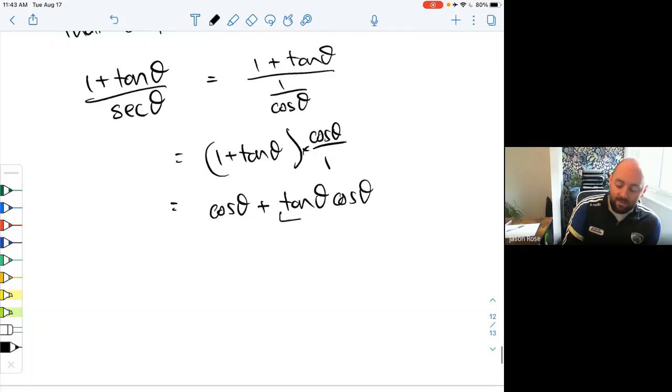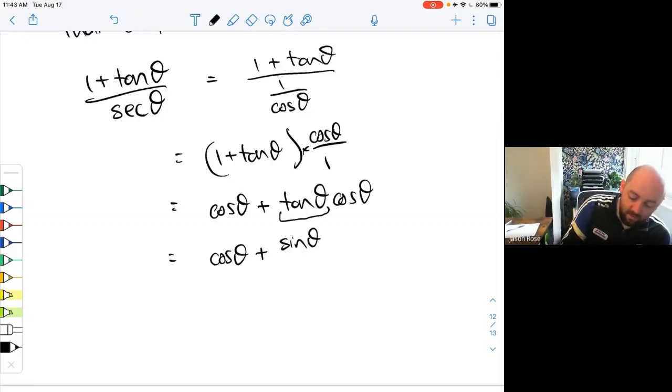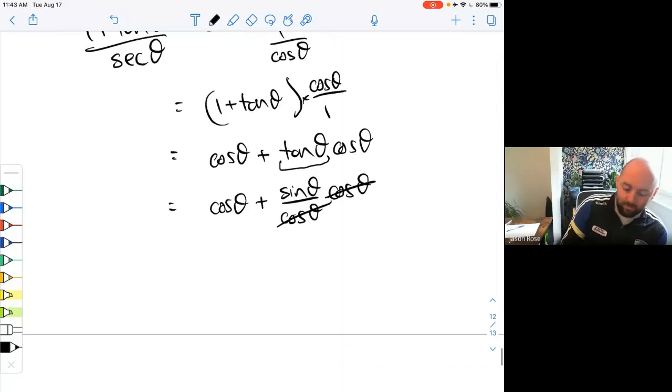So let's do something with that. Tan theta is sine theta over cosine theta. So that is just going to be cosine theta plus sine theta.